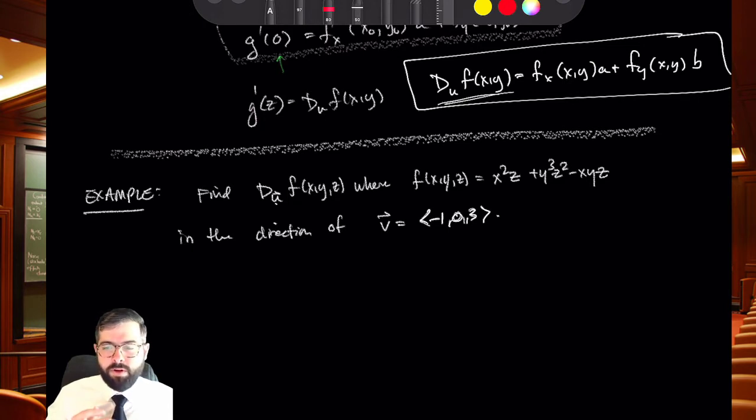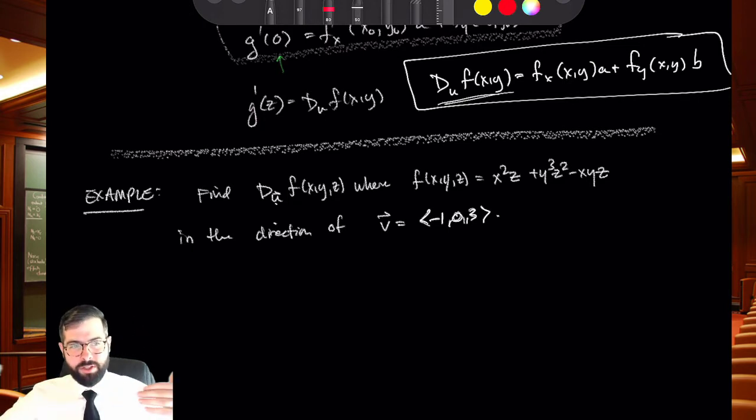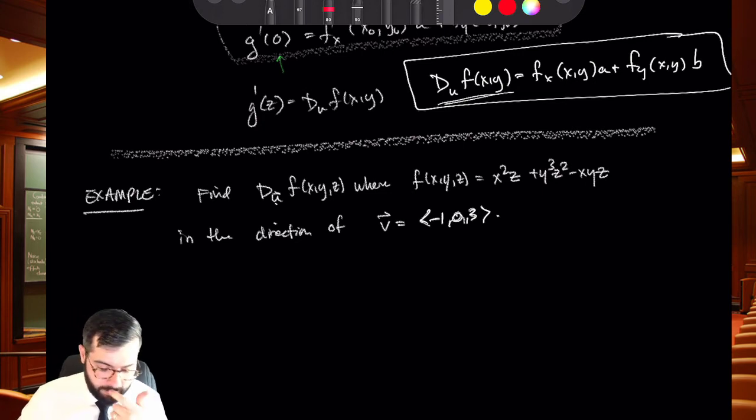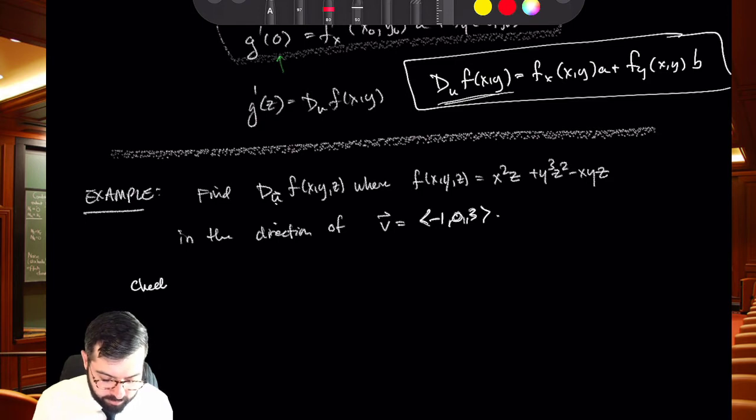If you don't have a unit vector, it's like changing the scaling of the x-axis when you were taking the derivative before. It's going to change how you're measuring that rate, okay? So it needs to be a unit measure. So if it's not a unit vector, we can easily just make one, right? Preserve the direction, but not the magnitude. So we'll say, check that it's a unit vector.